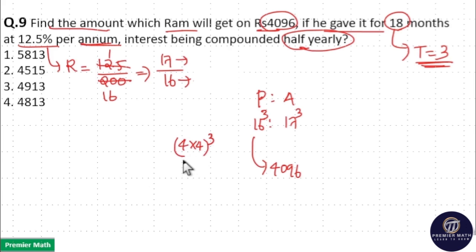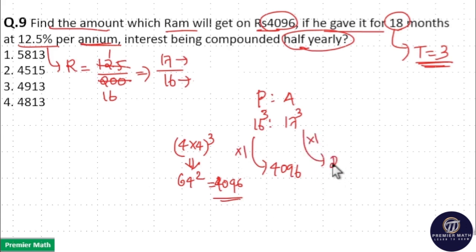So 4 into 4, the whole cube, means 4 cube is 64, so this is equal to 64 square. 64 square means 4 square is 16, 6 into 4 is 24, 24 into 2 is 48, 48 plus 1 is 49, remaining 4, 6 square plus 4 is 40. So 64 square is equal to 4096, which means here 1 part is equal to 1. 16 cube into 1 is 4096. In the same way, 17 cube is your answer.